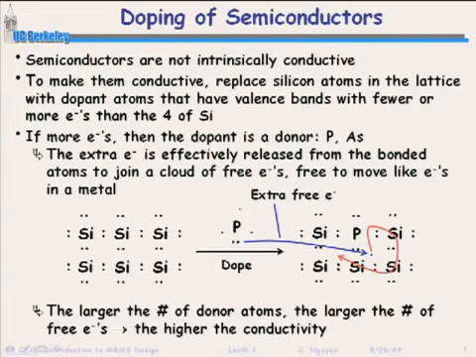Right? So silicon has 4 electrons in its valence band, so its outer shell. And so what happens if we do this? So if we replace a silicon with an atom that has more electrons. So here's silicon. Each silicon atom has 4 electrons.